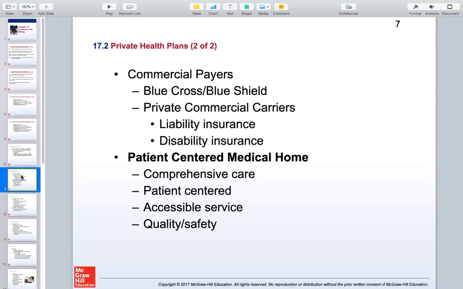One thing I want to talk about in depth is the patient-centered medical home. This is what we also call the primary care medical home. It is basically an office or organization that creates a patient-centered facility that allows us to provide comprehensive care.